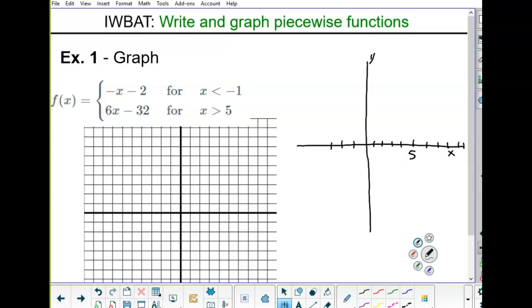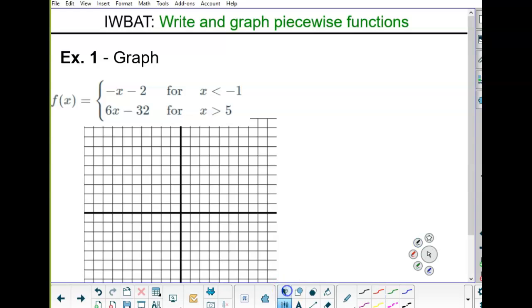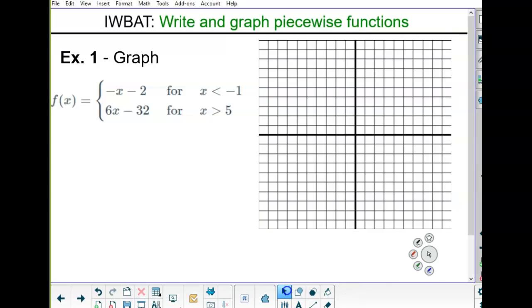And you can see I'm not even doing a great job here. But go 10 in each direction if you could. And then same thing up above. Go 10 up above. We're not going to do a ton of graphing here, so you'll manage just fine if you don't have graph paper.